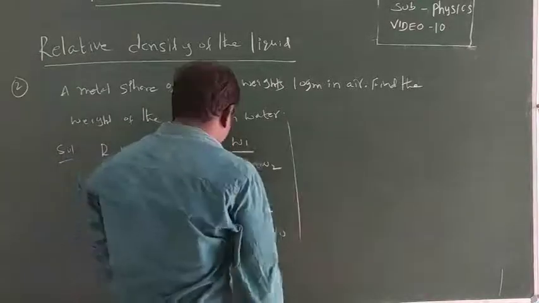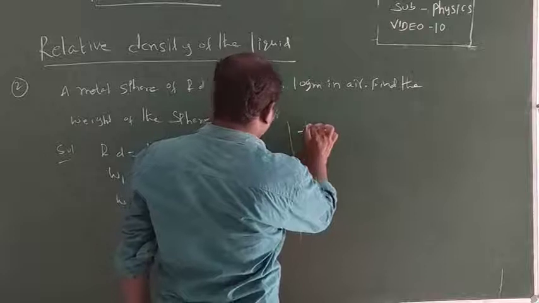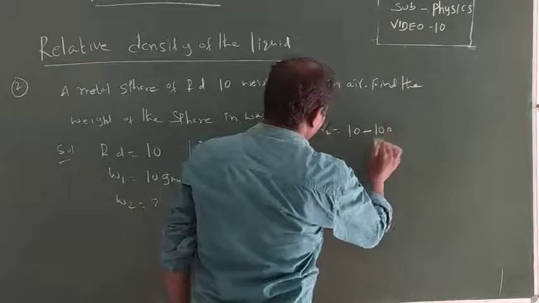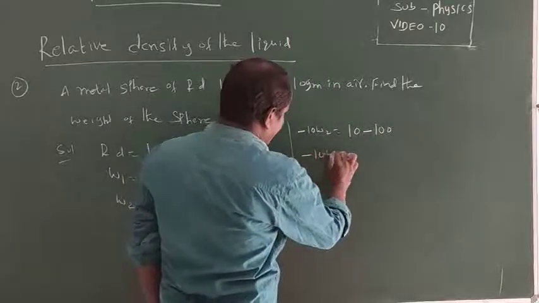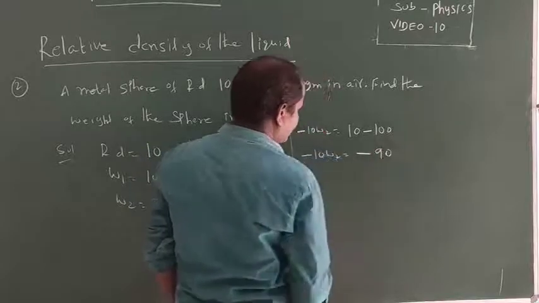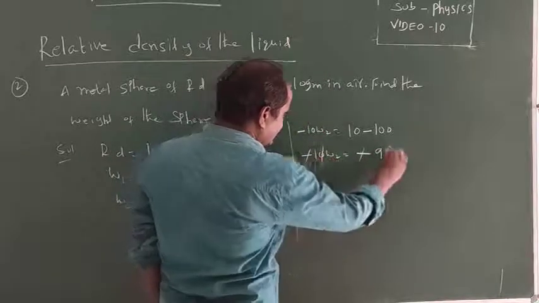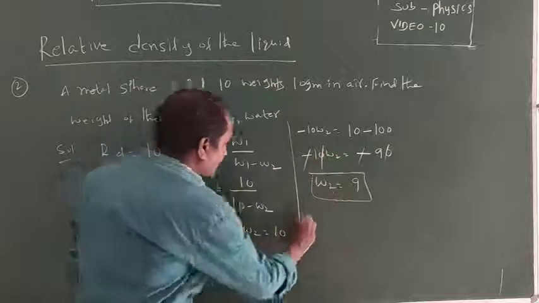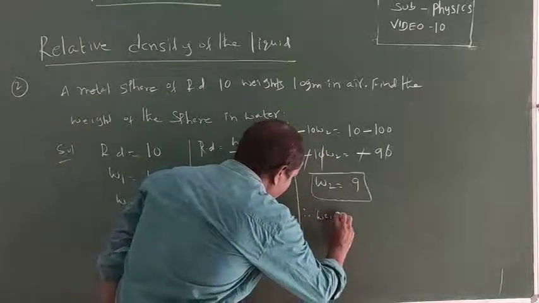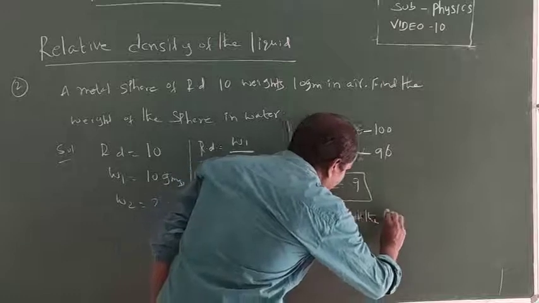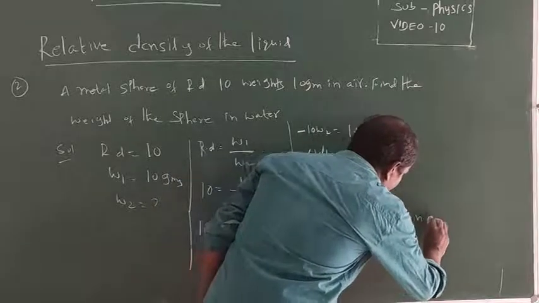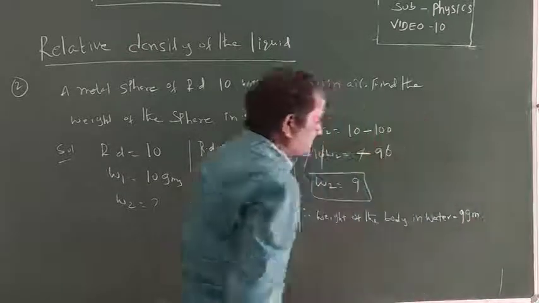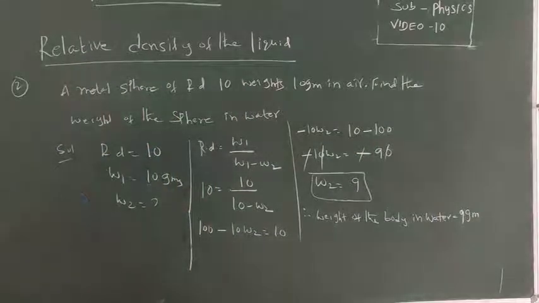So from this, 100 coming to the other side, minus 10 W2 equal to 10 minus 100. So minus 10 W2 equal to minus 90. Minus sign cancels, 0 cancels. Therefore, weight of the body in water equal to 9 grams.